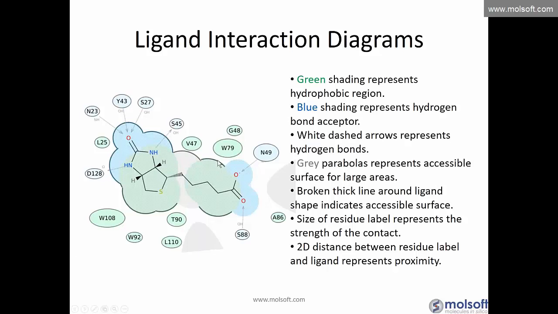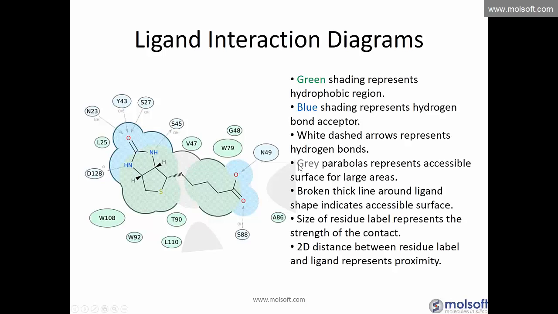Green shading represents a hydrophobic region. Blue shading represents hydrogen bond acceptor. White dash arrows represent hydrogen bonds. As I mentioned, this is a different receptor, so these are different hydrogen bonds. So we've actually got 1, 2, 3, 4, 5, 6 hydrogen bonds in this ligand.